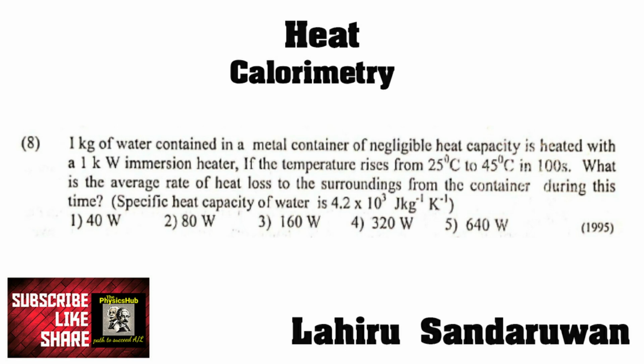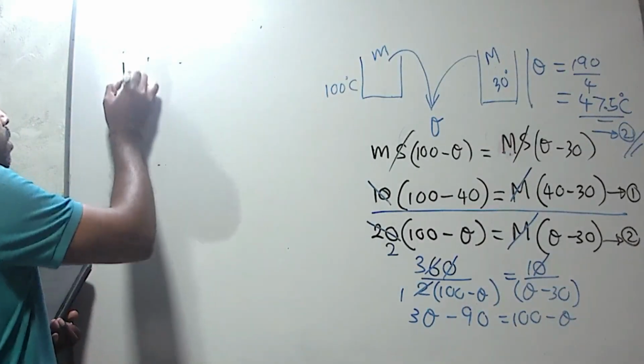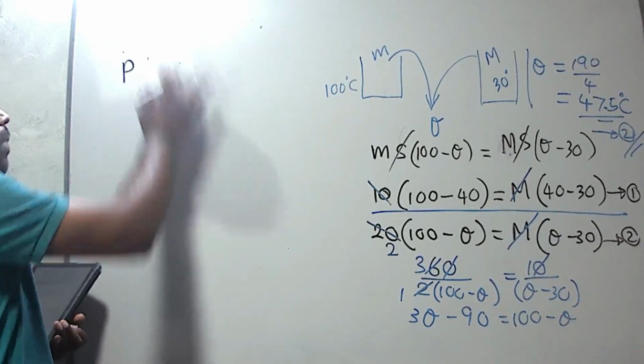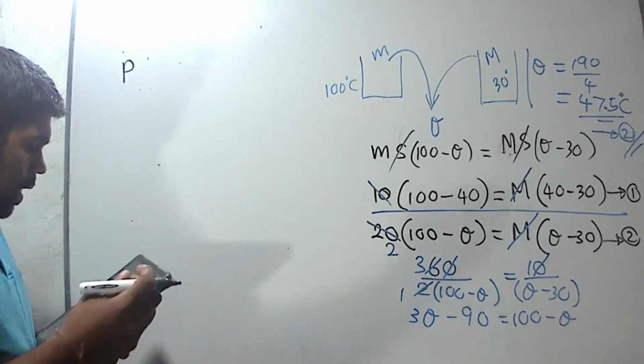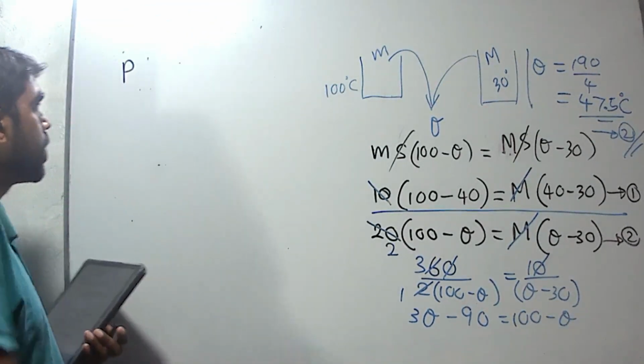The specific heat capacity of water is given as 4.2 into 10 to the power 3. It is 4200, the usual value. Then we can get the power of the immersion heater.